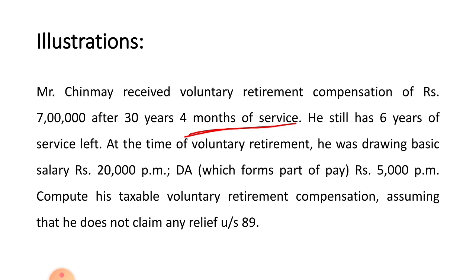If he claims any relief under section 89, nothing is exempt under section 10 subsection 10C. So here you have to assume he does not claim any relief under section 89.